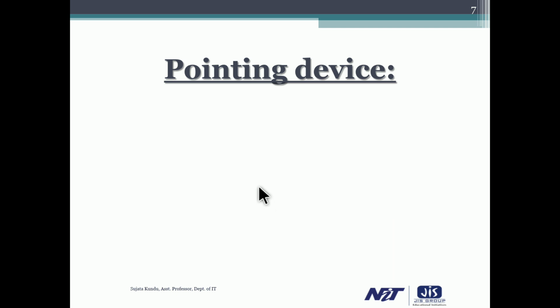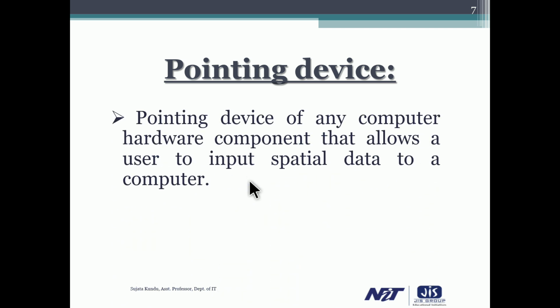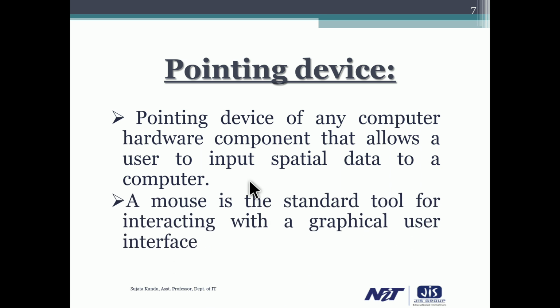Next, we will talk about pointing devices. A pointing device is any computer hardware component, especially a human interface device, that allows a user to input spatial, that is continuous and multidimensional, data to a computer.